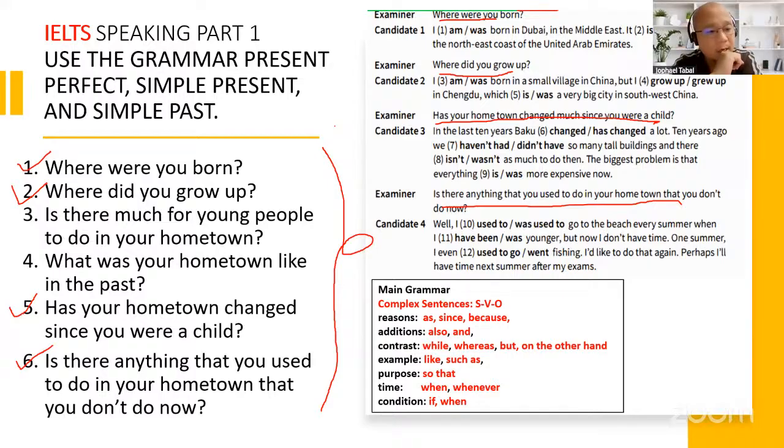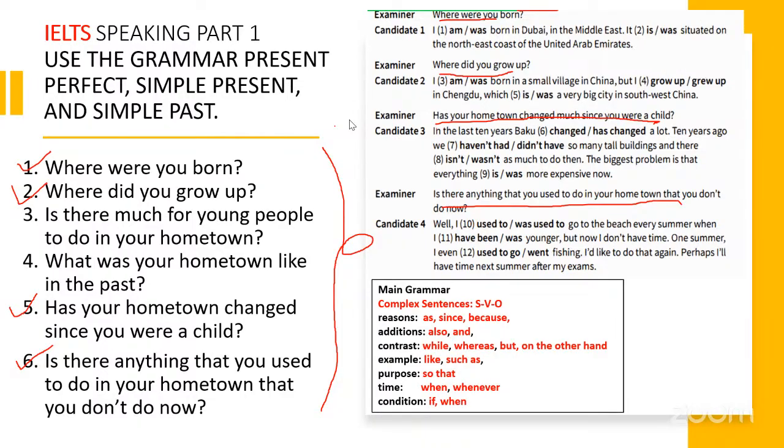Has your hometown changed since you were a child? I think in the last 10 years, Javan has changed a lot. Ten years ago, we didn't have so many tall buildings and luxury stores.